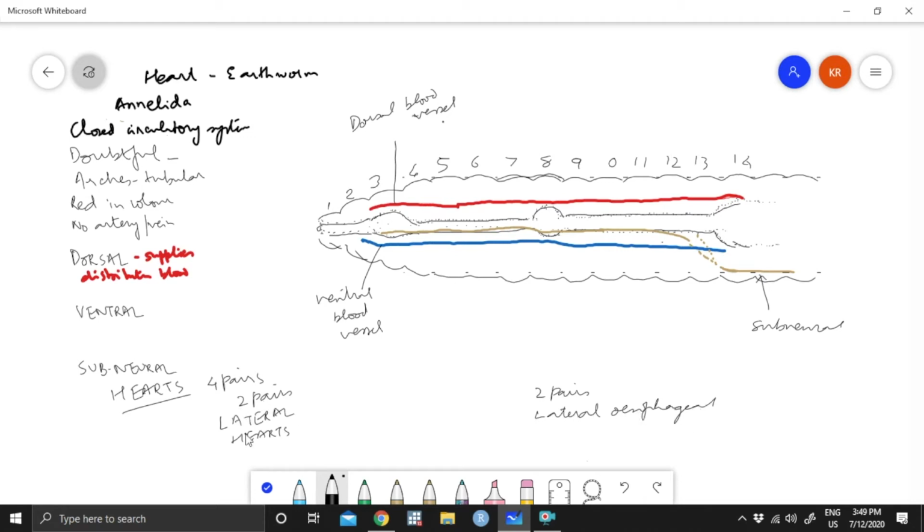Now these 2 pairs of lateral hearts are in segments 7 and 9, and the 2 pairs of lateral esophageal hearts are in segments 12 and 13. Remember that they are paired. That means one is on the left side, one is on the right side.